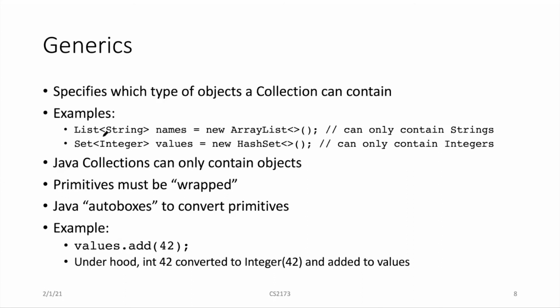For example, if I want to define a list which only contains strings, I say list and then in brackets, string. Let's say I want a set that can only contain integers. I say set, and that is the Integer. Now, notice this is not int, it's the capital Integer, and we'll talk about what that is about.